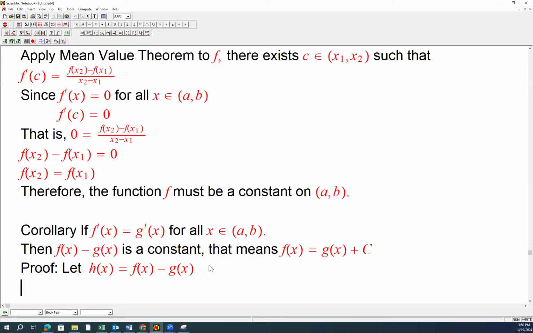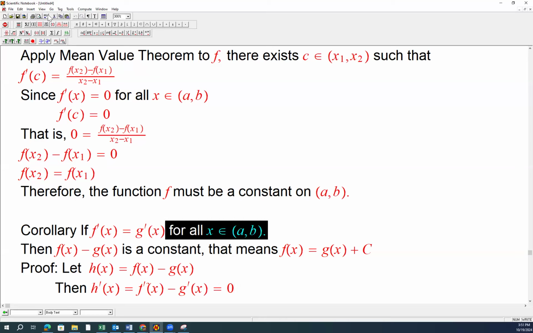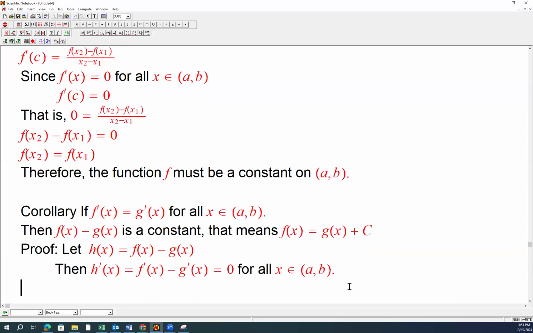Now we're going to take a derivative. The derivative of h of x will be the difference of the derivatives. What will that be equal to? That will be equal to 0 for all the x's on the interval, because the two functions have the same derivative.